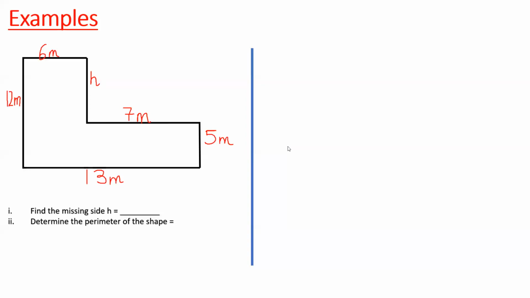Anyone else who did not get 7 want to explain how they got the answer? For the examples, I got 18. How did you get 18? I added 12 and 6. 12 and 6, okay. And that's how you got H. Yes, sir.